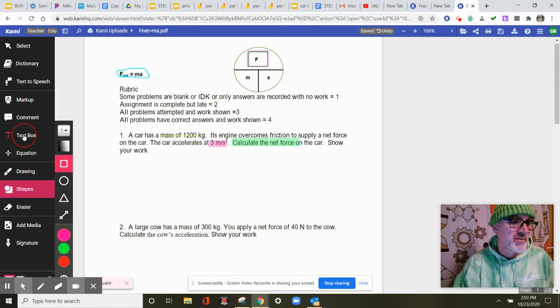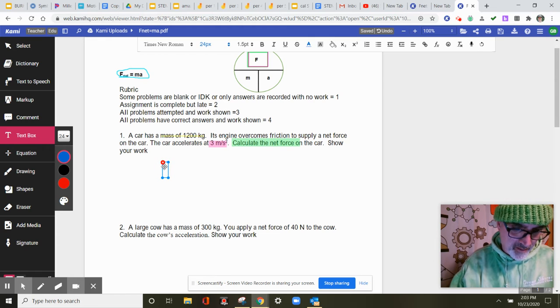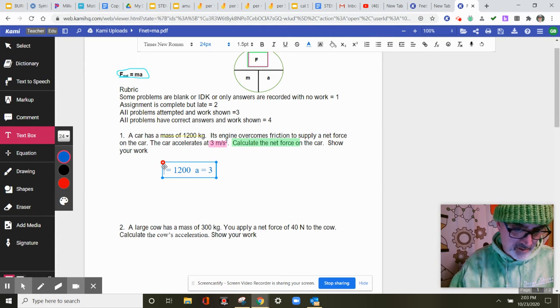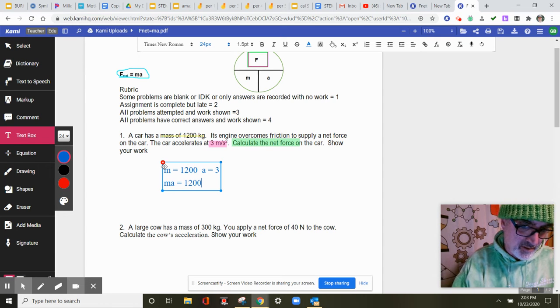We have the mass. Mass equals 1,200. Acceleration equals 3. None of this stuff should be capitalized. Right, so if those are that, then m times a is equal to 1,200 times 3.